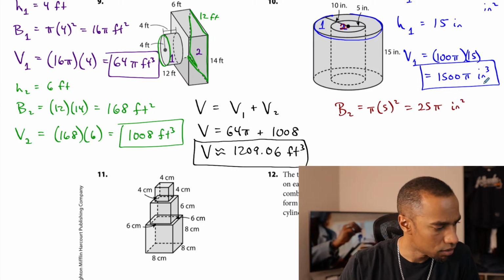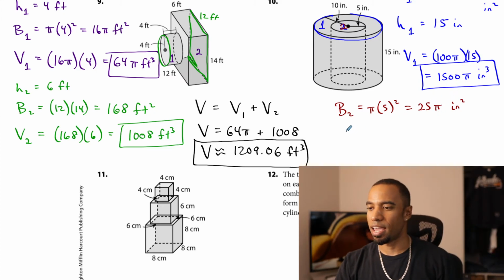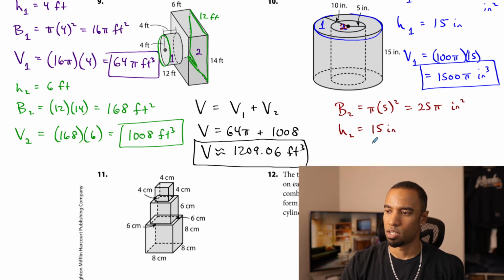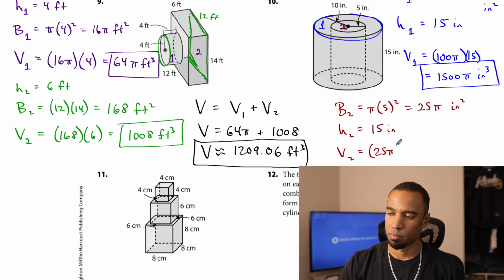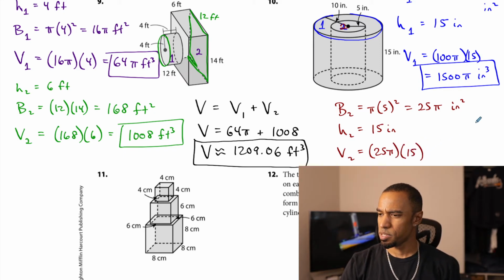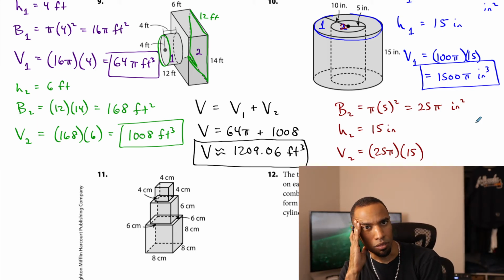Hang on a second. Let me see what I just got here. All right, the height of the second one is 15, once again. So the volume of the second one is area of the base times the height. Is that 375? 25 times 15? 15 quarters. Yeah, $3.75.